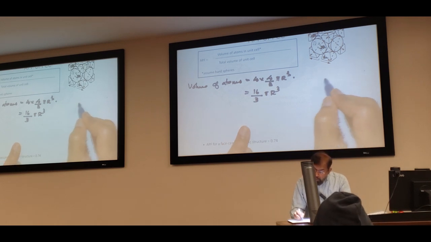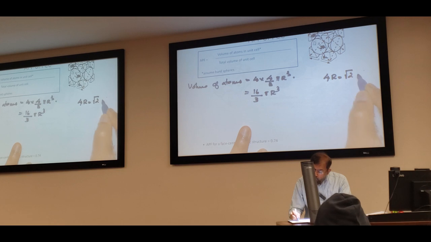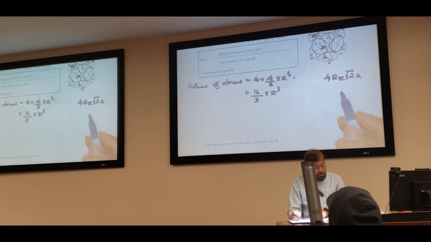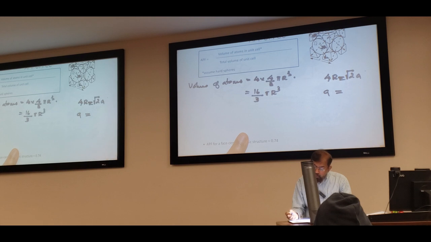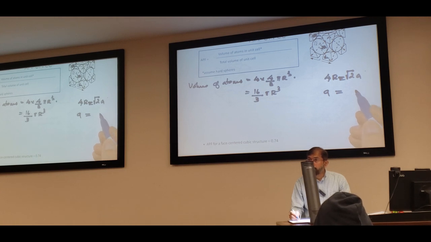So we can write 4r is equal to square root of 2 a. Therefore a is equal to 2 root 2 r. Agreed? 2 square root of 2 r.